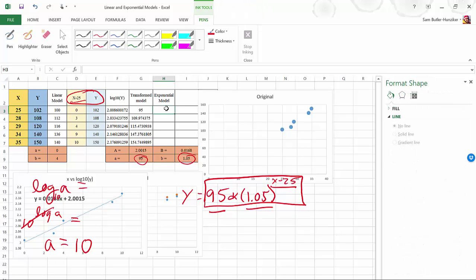So our new exponential, I'm just going to retype what we've got down there boxed. So that's 95 times 1.05 raised to the original x values, x minus 25 power. Okay. And you can see that up here, what's been plugged in.